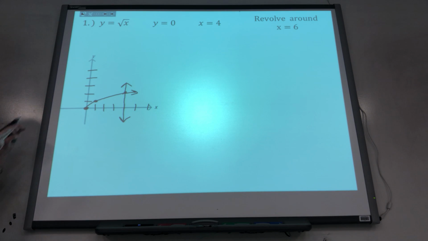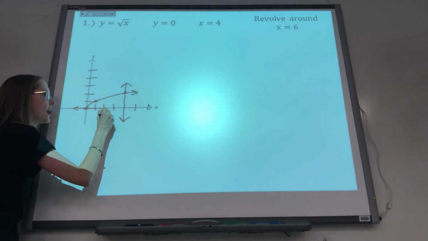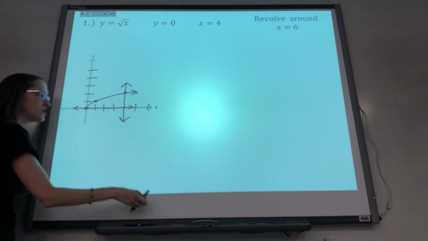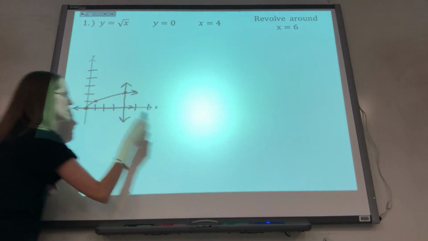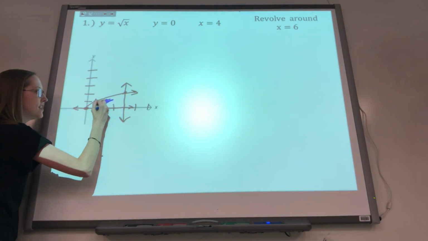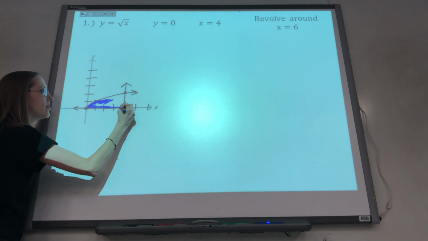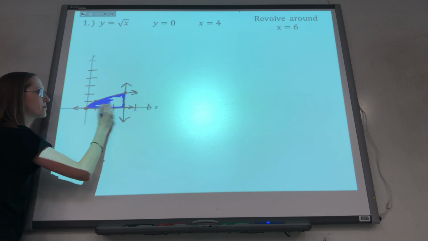But it's going to get cut off on bottom by y equals 0. So it's that horizontal line right at 0. This is the region that we have bounded in.